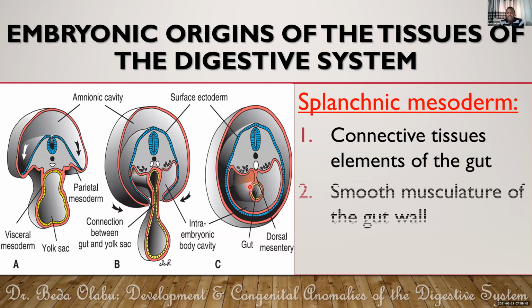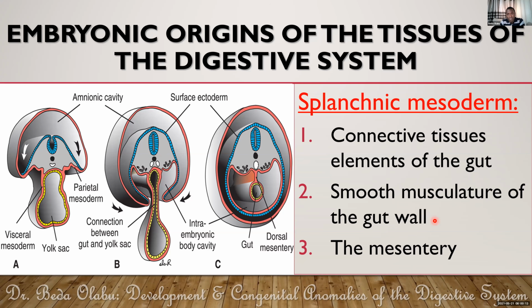Apart from that, the splanchnic mesoderm also gives rise to the smooth musculature. Could be the muscularis mucosae, or it could be the muscularis propria, otherwise known as muscularis externa, come from splanchnic mesoderm.